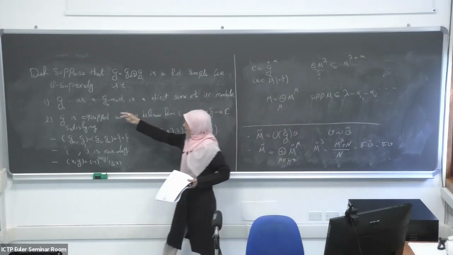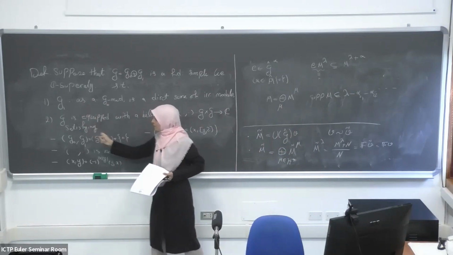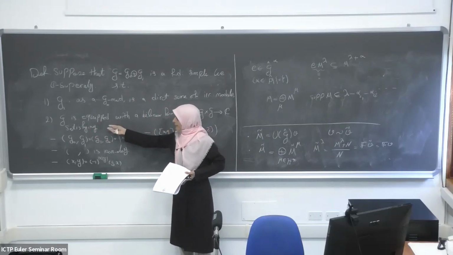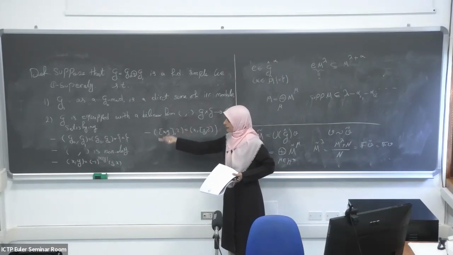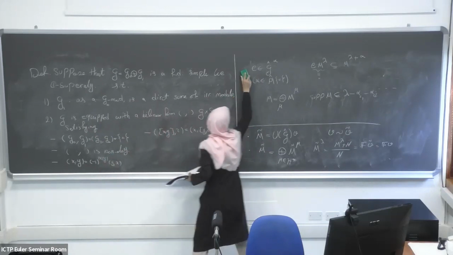We say classical because of the first condition, and basic is the second condition. The existence of such a form guarantees that we call G basic. Okay.